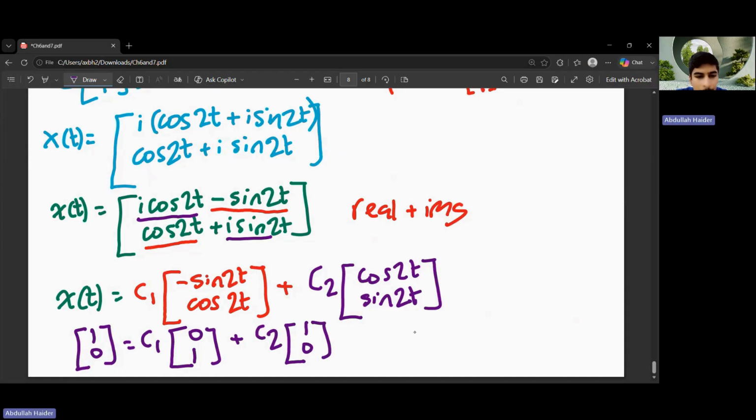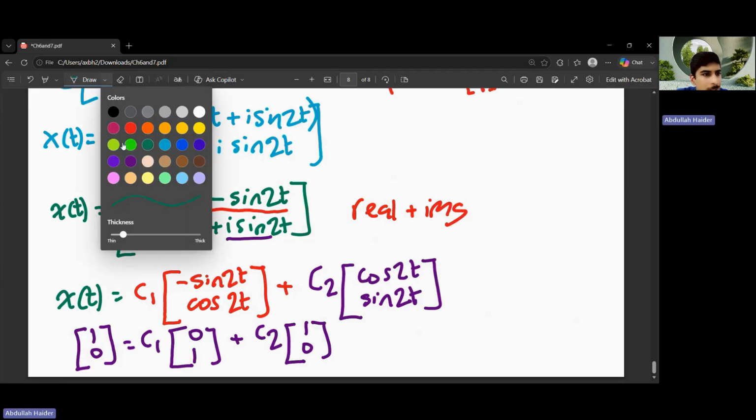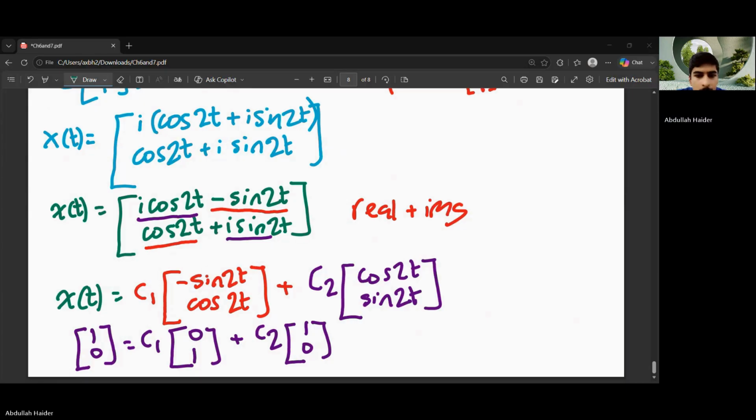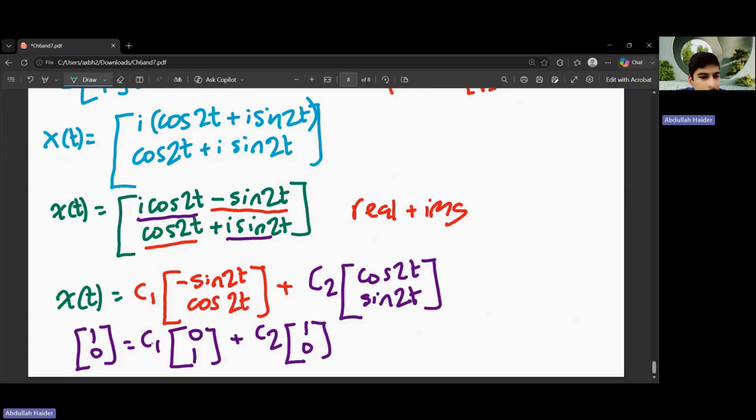From the top part, you can see that your C2 is 1.